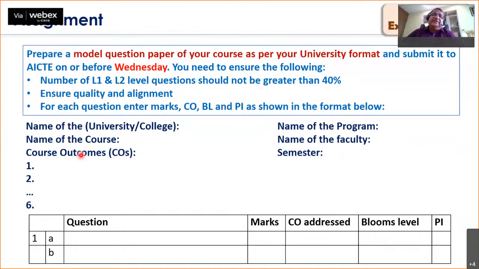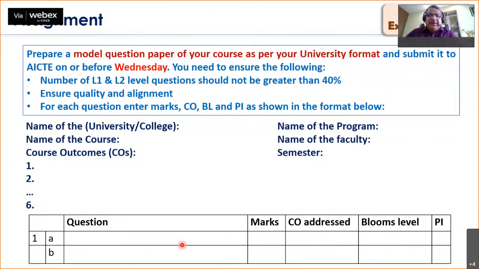Then write the CO outcomes. If you don't write them and only write CO1, then the other people who are looking at your question paper will not be able to connect. They will see CO1 or CO2 written, but where is the CO? So write the COs also.